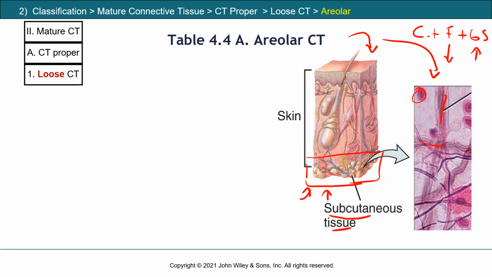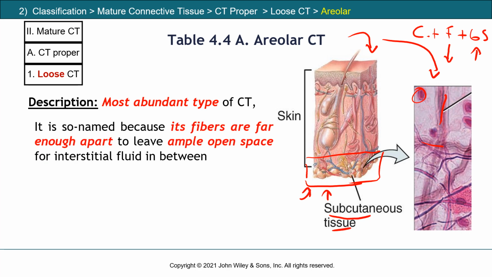Okay, so a lot of information, but remember just key information like that this is one of the most abundant types of connective tissue. Remember that I told you that it is called that because its fibers are far enough apart. So you see it like that in the picture. The fibers, these lines that are in purple there, are far from each other. So they leave ample open space, and that space is filled with interstitial fluid.